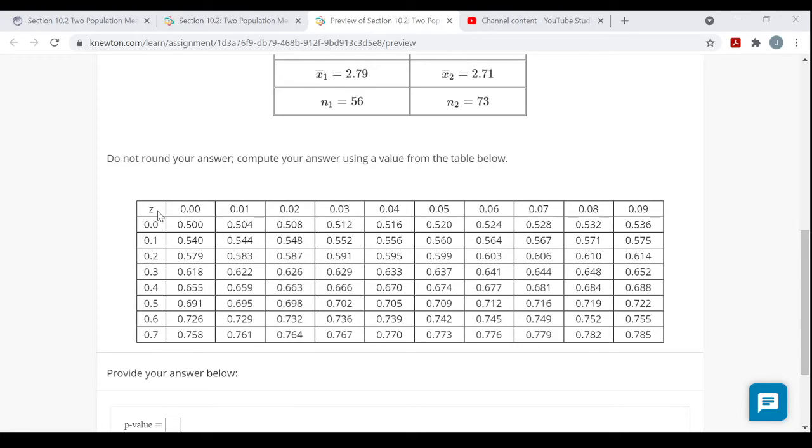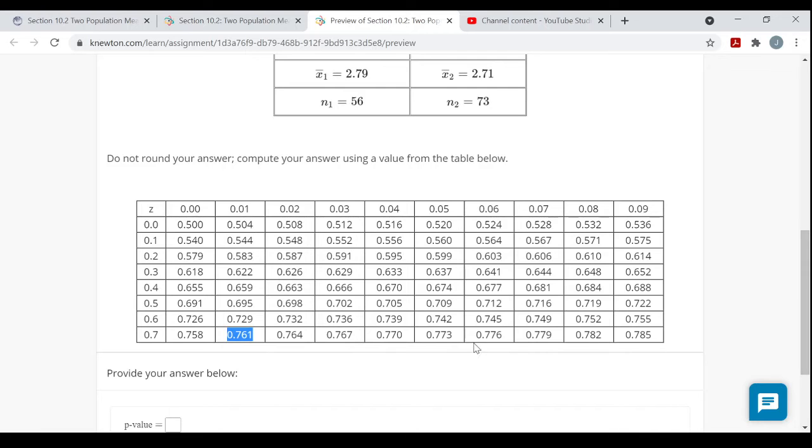My z-score is 0.71, so I'm down in the row for 0.7, and then I'm looking at the column with the 0.01, the 1 in the hundredths place. I'm seeing this number, 0.761, or 76.1%. This is the area to the left of 0.71.